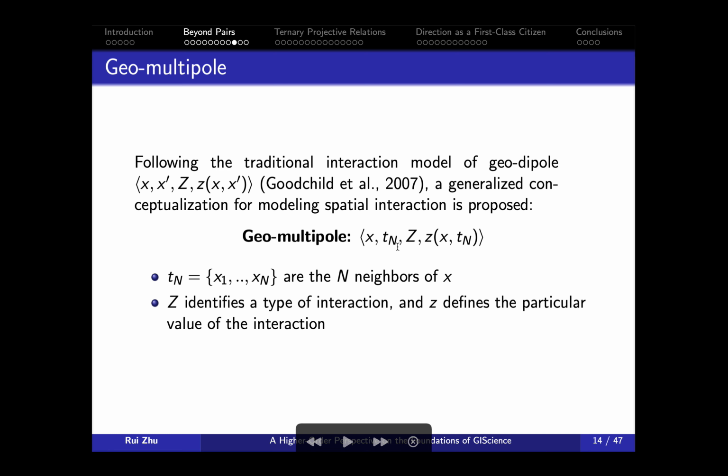This neighborhood Tn can contain more than one location. Capitalized Z here indicates the type of the interaction, and the lowercase z here represents the interaction value.